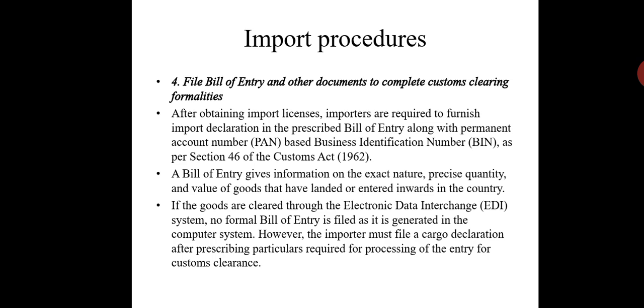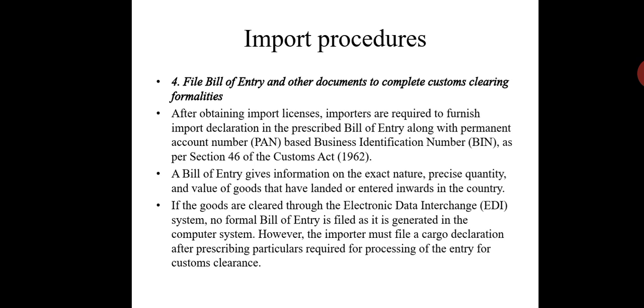When you decide you want to import something, first you have to fill the bill of entry, in which you specify the goods you are going to import. Second, you have to give your PAN number and BIN number. BIN means business identification number. Every business has its own identification number, and you have to give all the details about that.